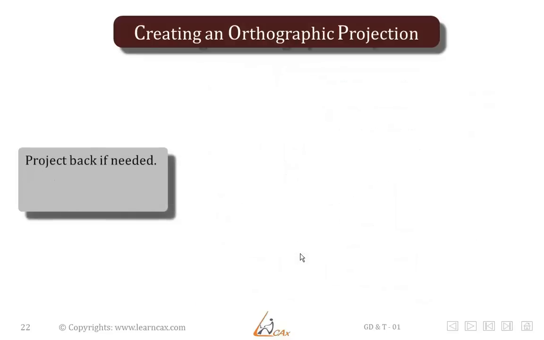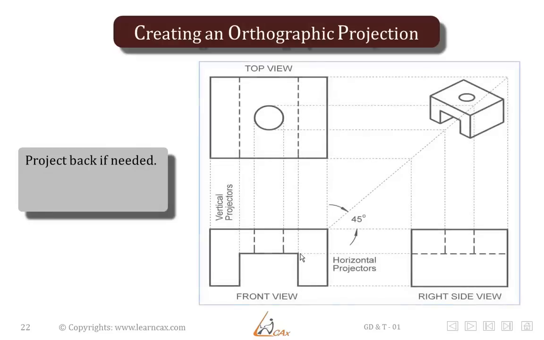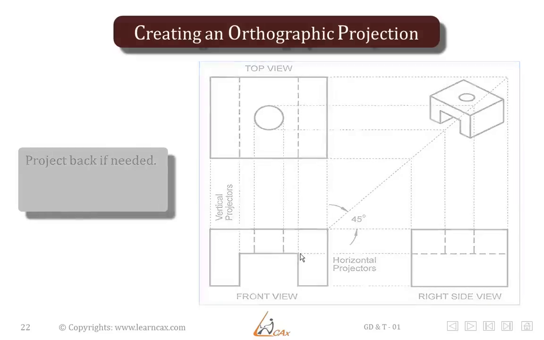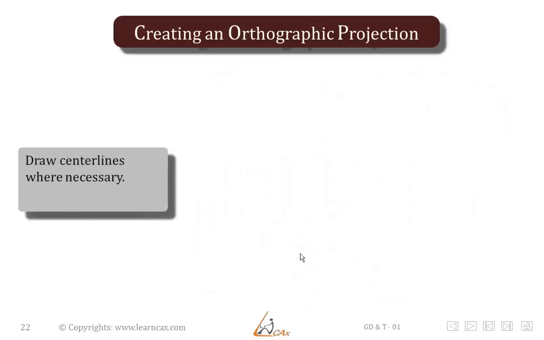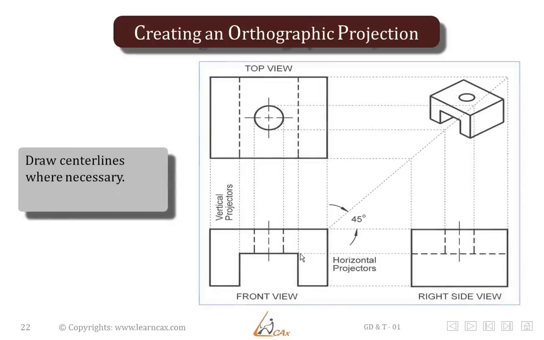Now if any new visible feature is present from the right hand side view, then we need to project it back. Now draw the center lines wherever necessary. Hence we have created a complete orthographic view of that part.